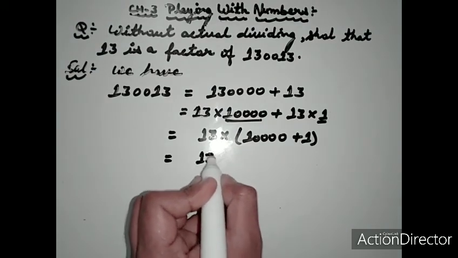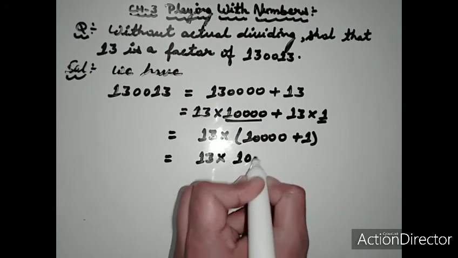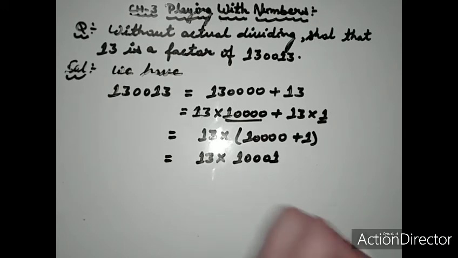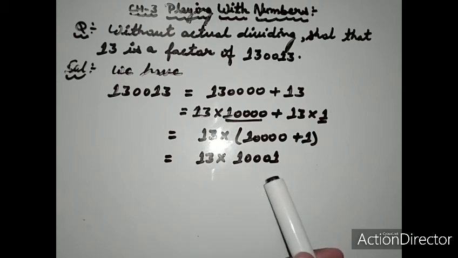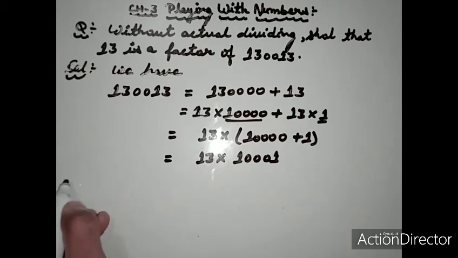Now 13 multiplied by 10,001. Now here we say that 13 is a factor of 13 times 10,001. So hence 13 is a factor of 1,30,013.